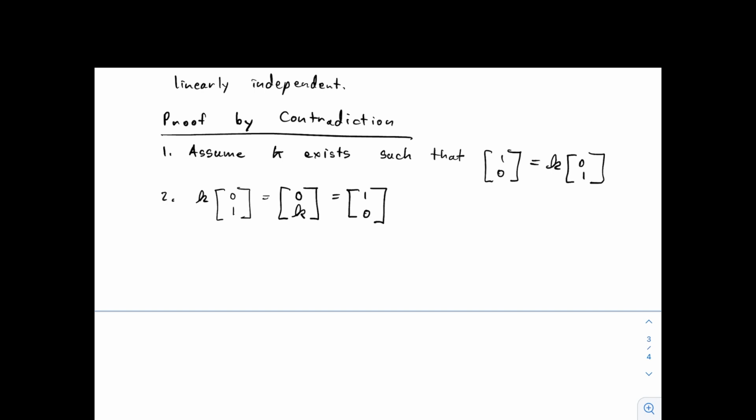But then again, because we compare things component-wise when we're working with vectors, we get that 0 is equal to 1, which is again impossible. And therefore we conclude that indeed these two vectors are linearly independent.